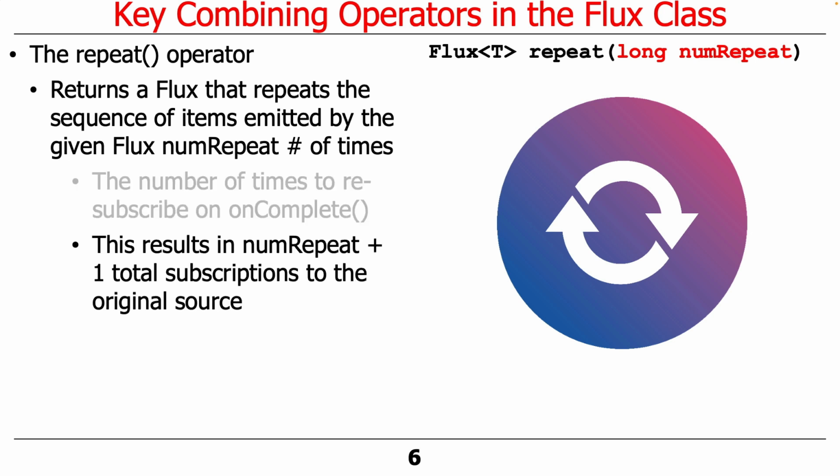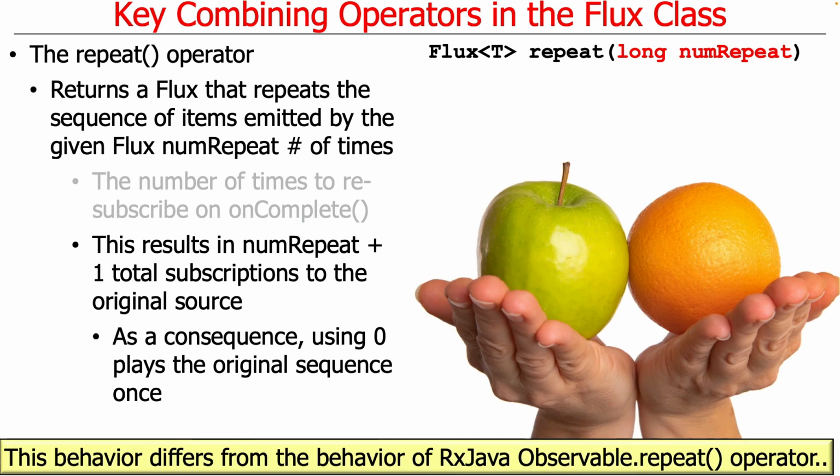Now, what's weird about this, and this is a little different from RxJava, is that this results in num repeat plus 1 total subscriptions to the original source. So you'll always get at least one item even if you give a 0, which is weird. If you give a 0, it will still play back the input once.